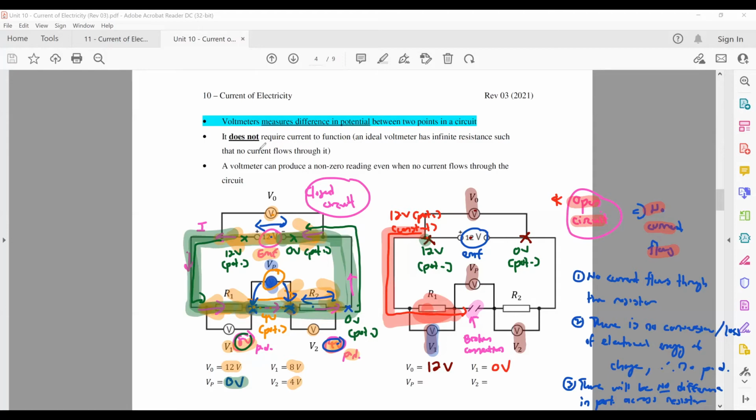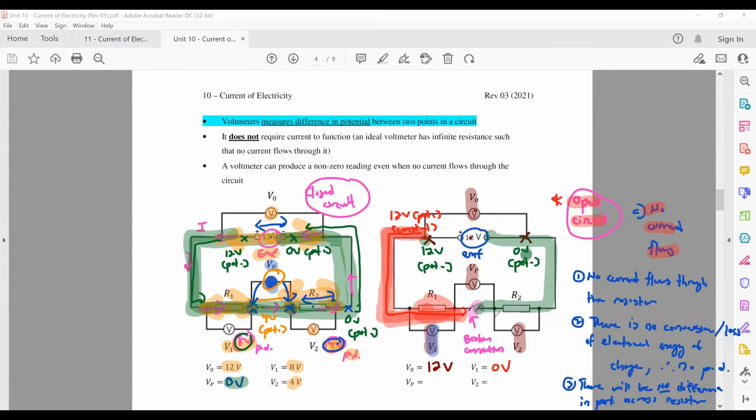Now after that we look at V2, voltmeter 2. Your potential remains constant at 12 volts up to here. If you look at the other side, this part was 0, right? Your potential again will remain constant up to this point.